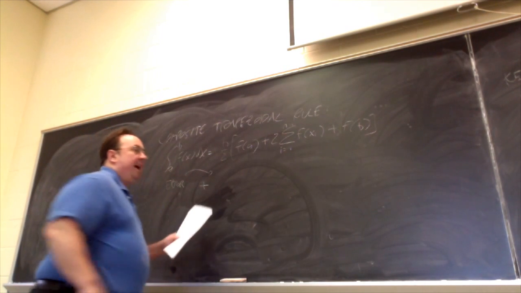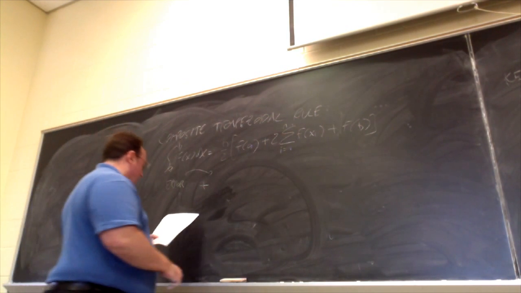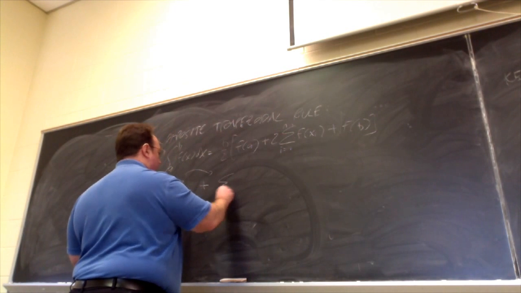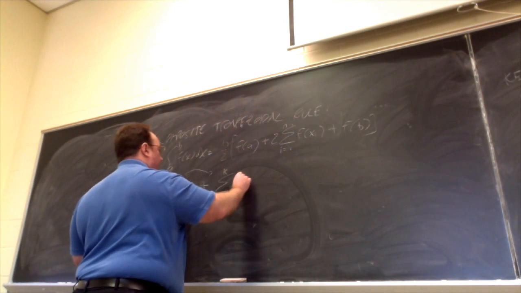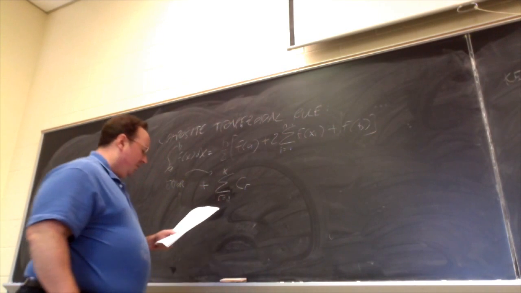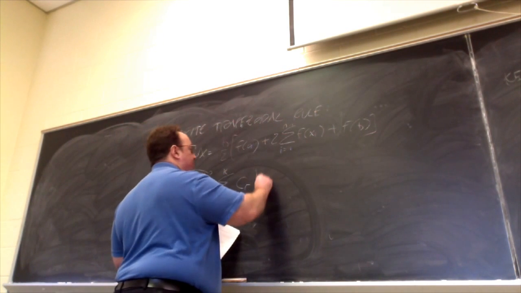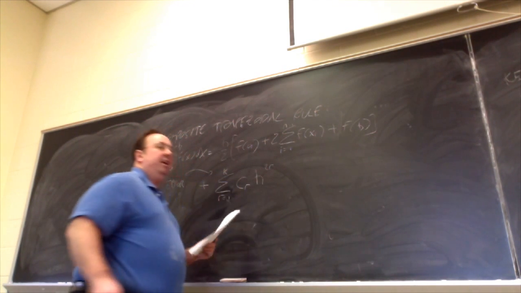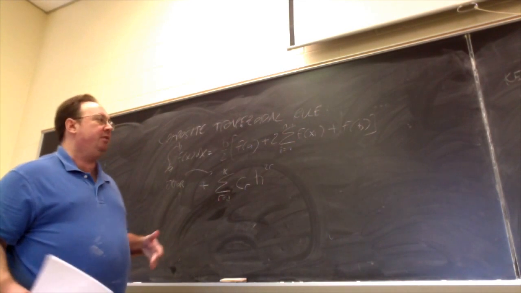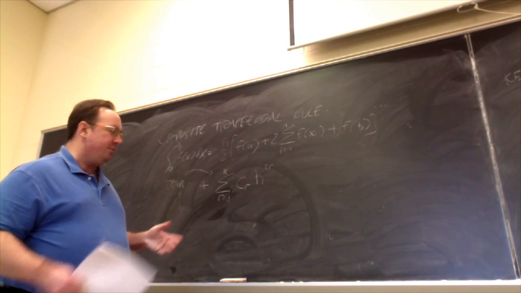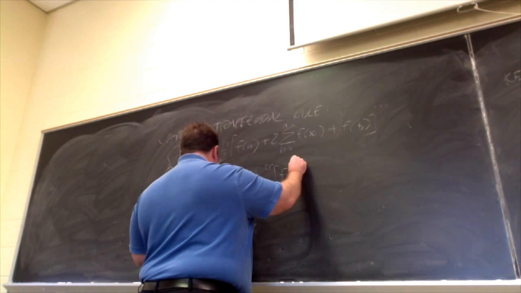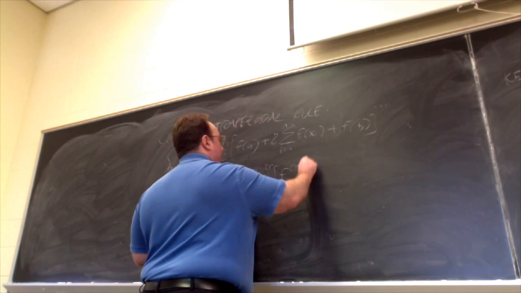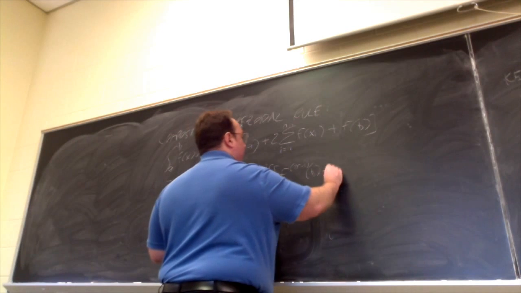And then the error has this form. So it's that error added up, but you have all these interior things canceling. So I have a sum of some constant, c sub r, h to the 2r, because before we were in an interval of width 2, but now we have an interval of width h, so that has to be taken into account, times odd order derivatives of f evaluated at your endpoints and subtracted.